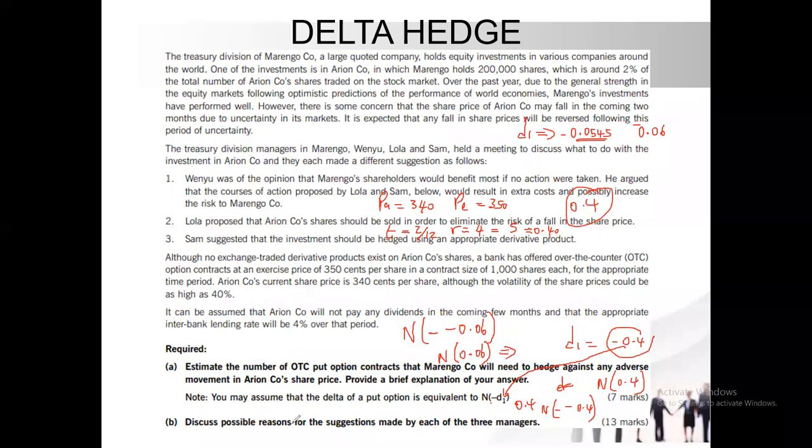Let's go to our table and pick that 0.06. Can somebody pick from the table? What is it? 0.06. What is it? 0.0239.